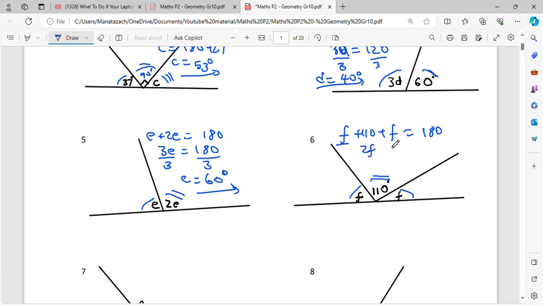So these F, we can add them together. And then from here, should be straightforward. So 2F is equal to 70, dividing by 2 both sides, and then F is 35 degrees.